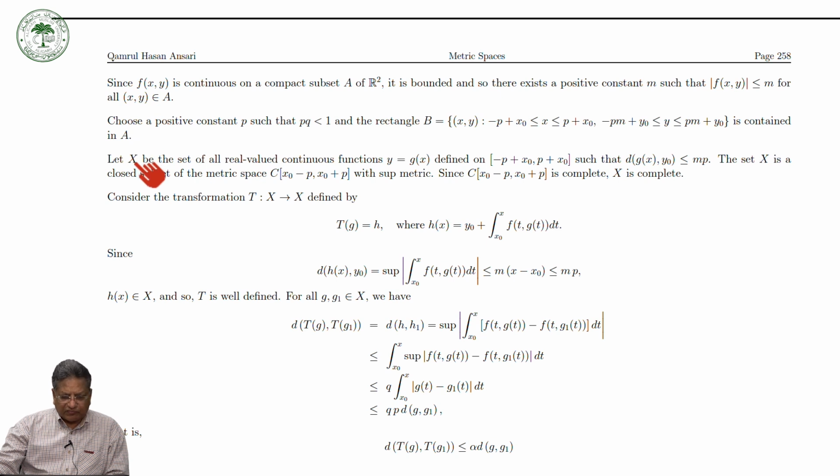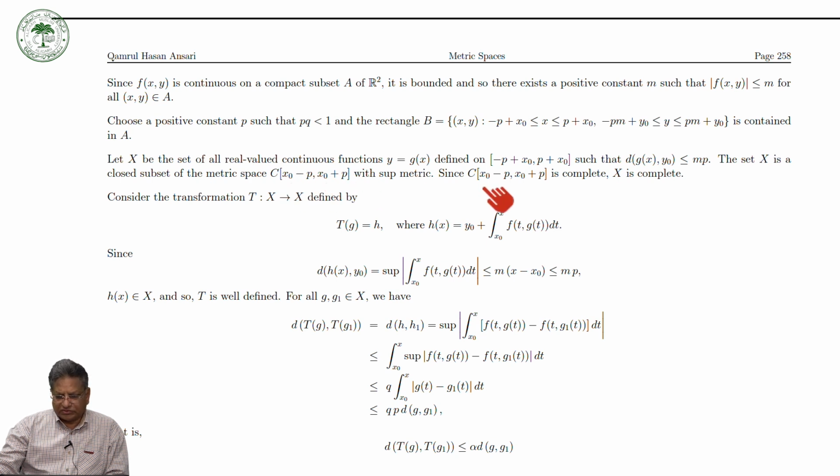Let X be the set of all continuous functions y equal to g(x) defined on the closed interval [x0 - p, x0 + p] such that d(g(x), y0) is less than or equal to Mp. Then X is a closed subset of the complete metric space with the sup norm.